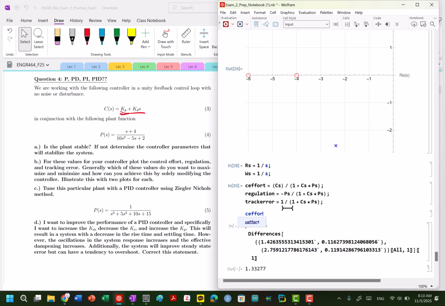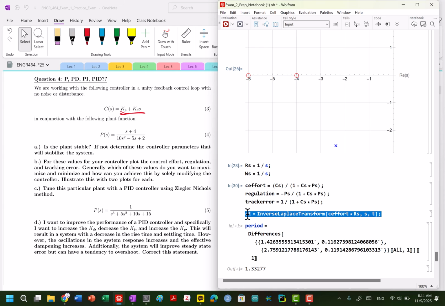So my C effort is going to be equal to, or actually CT, let's call it CT, is equal to the inverse Laplace transform of C effort times the input. Control effort is U over R, so it's going to be RS, S and T. So that'll be that plot.